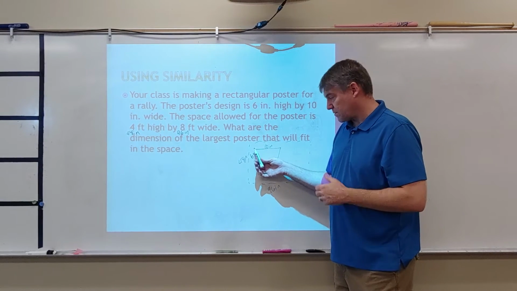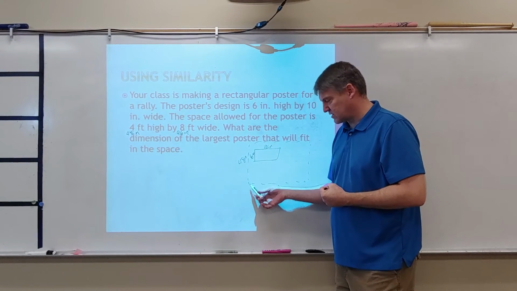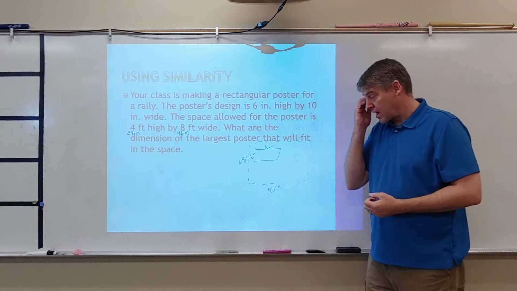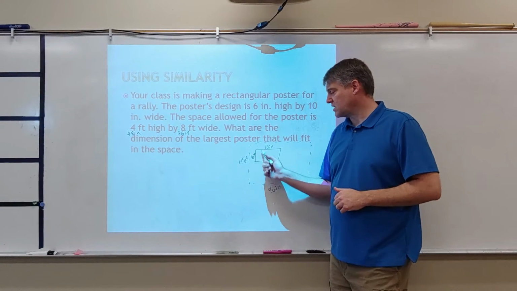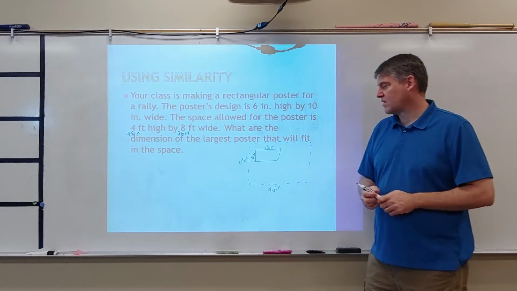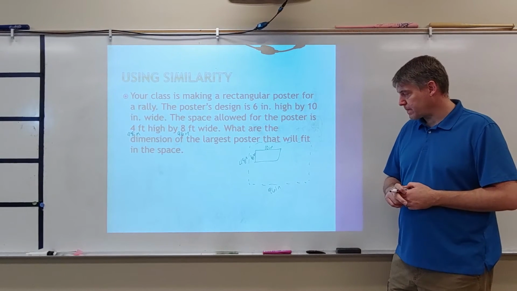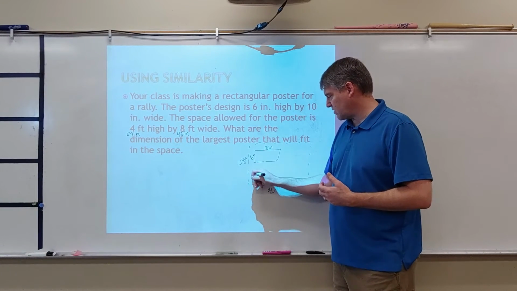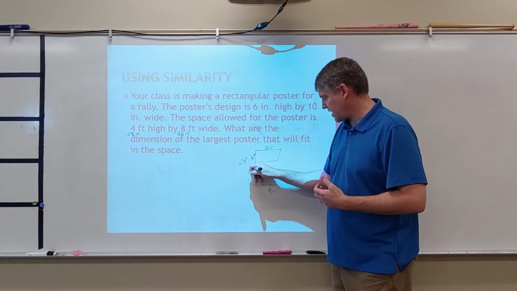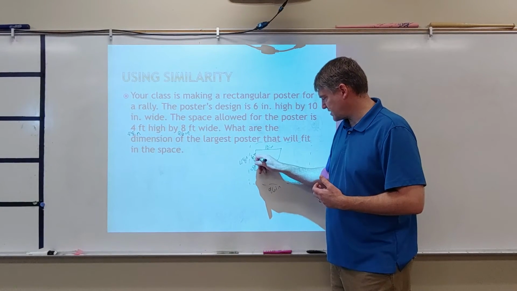So probably the easiest way is to see if we can encompass this whole width here. What am I going to miss over here? What's my largest size? So 6 goes into 48 8 times. And so I know that this is going to be 8. So if I extended this out, this is going to be 48 inches because this is 6 times 8.